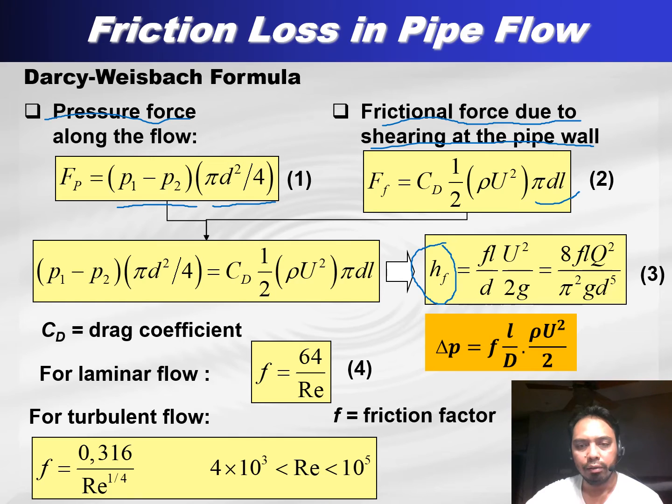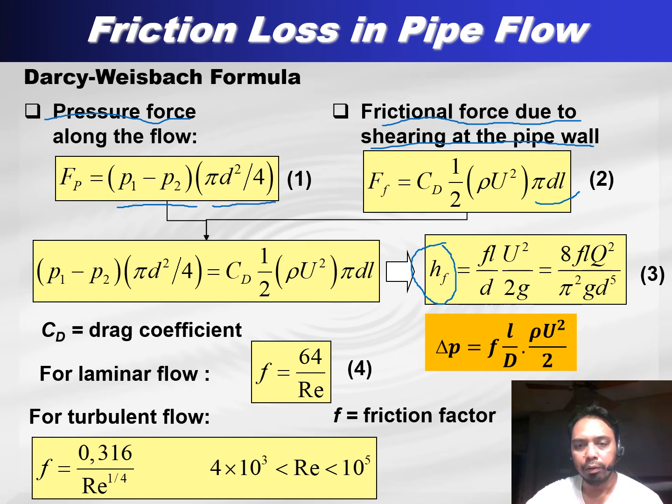If we represent them in the form of pressure drop, this will equal to F, the friction factor, times L, the length of the pipe, times the density of the fluid times the velocity square, divided by the diameter of the pipe divided by 2.